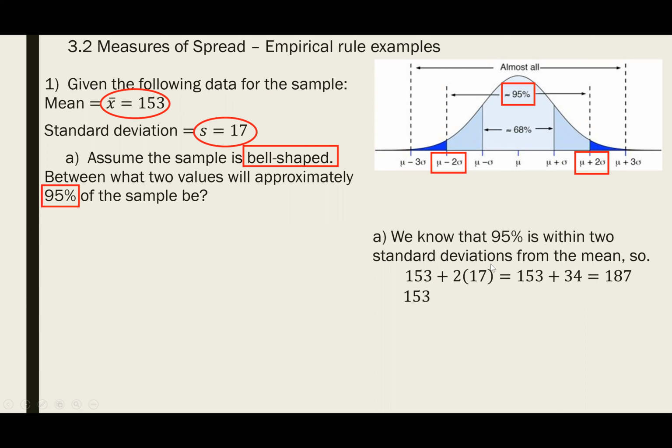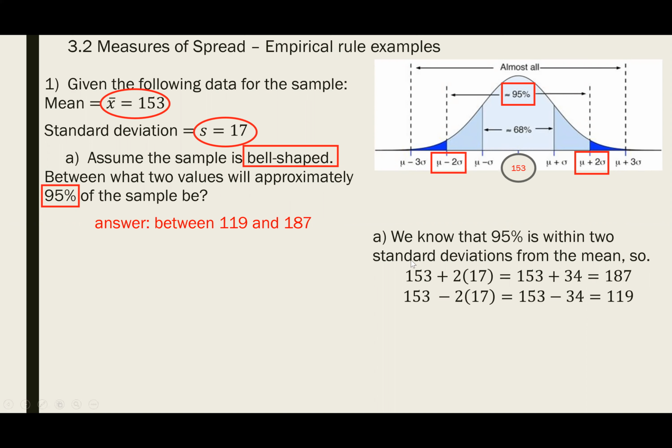And for the lower limit, 153 minus 34 will give me 119, which is between 119 and 187. Those will include or cover approximately 95% of my data. Okay. And the other way to look at this is to make it a little bit easier to correspond to the steps and the unit.